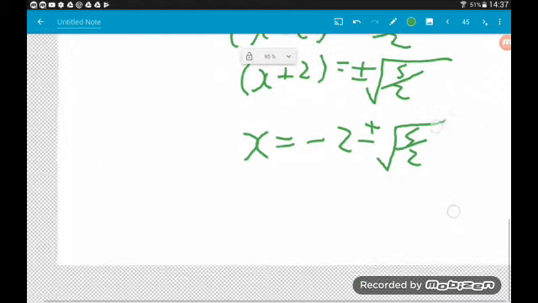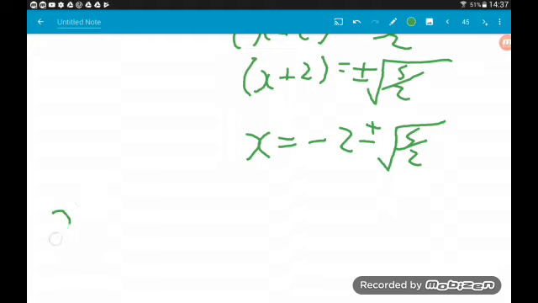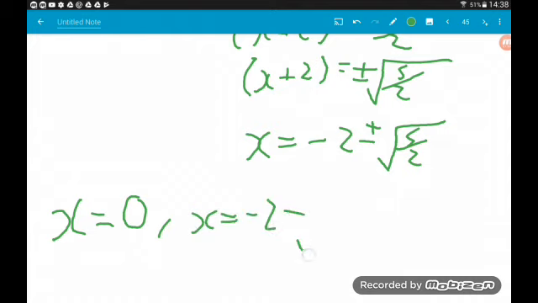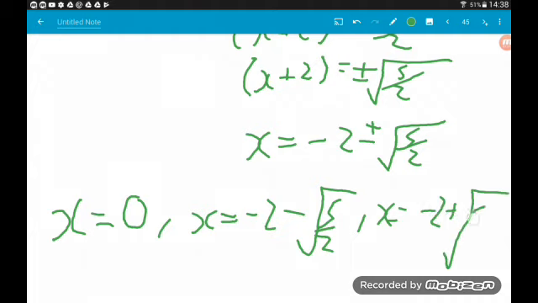So we then got our 3 solutions. x is equal to 0, x is minus 2 minus the square root of 5 halves, and x is minus 2 plus the square root of 5 halves.